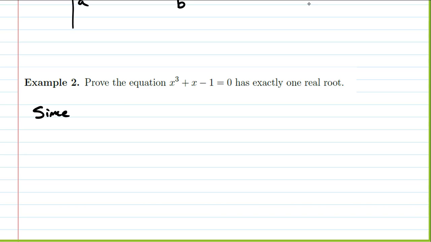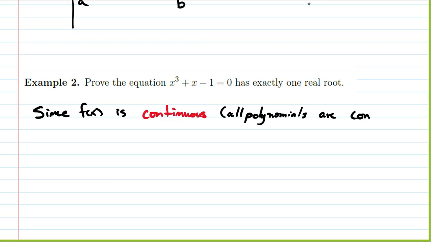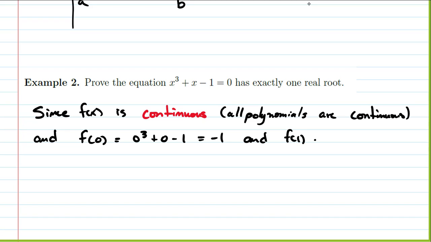So since f of x is continuous, and that follows from the fact all polynomials are continuous, if we calculate f of 0, it is 0 cubed plus 0 minus 1, which equals negative 1, and f of 1 equals 1 cubed plus 1 minus 1, which is 1.